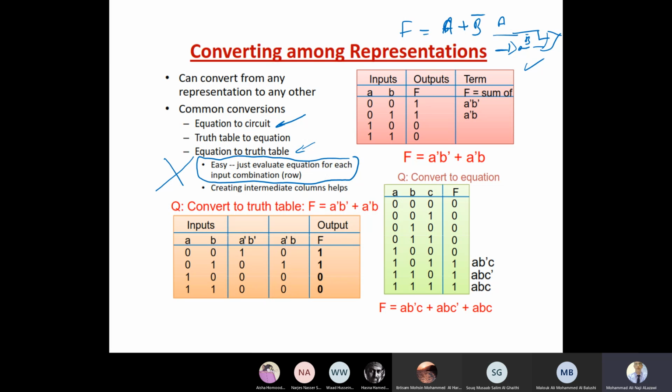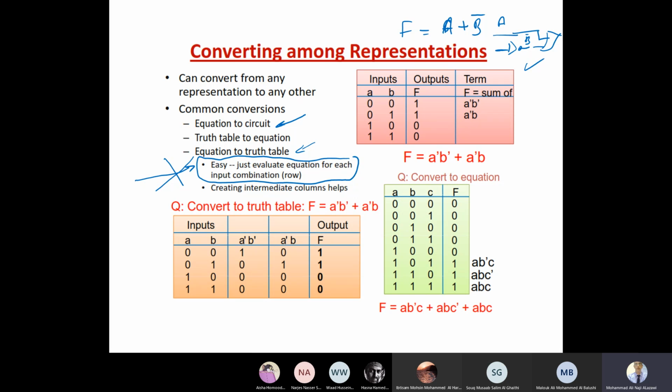That means you have to consider every equation and substitute all the values. I'll show you how to convert them directly without the need of this time-consuming process. It's a huge process, by the way, and it's very annoying, and at the end it's very useless.